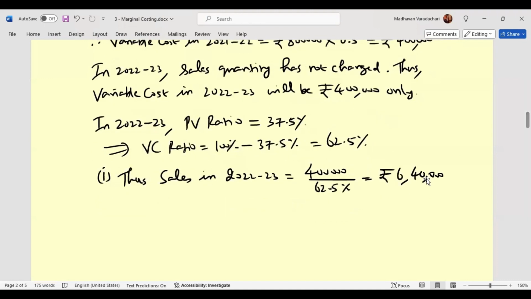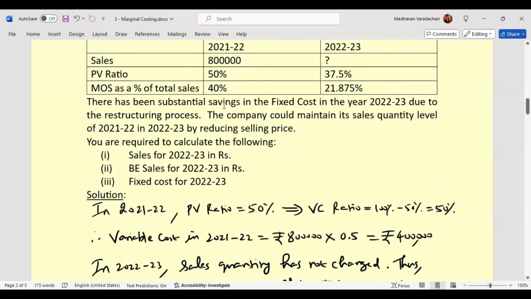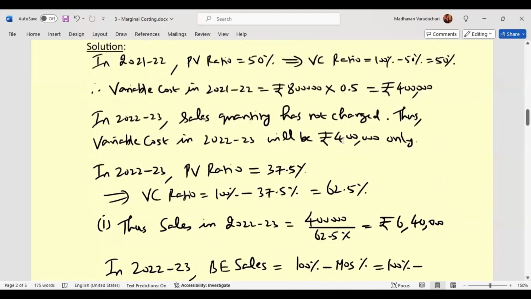Then in 2022-23, break-even sales is equal to 100% minus margin of safety in percentage, which is 100% minus 21.875%.